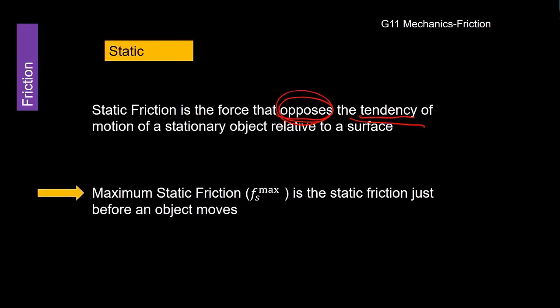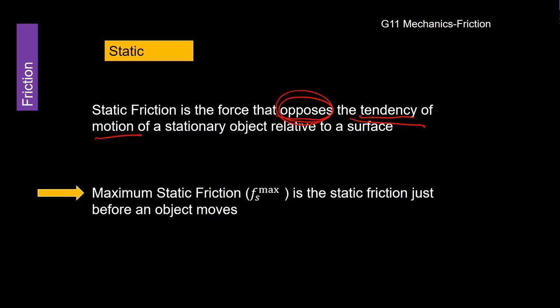Because this object isn't moving, but it is intending to move. The applied force is being applied, so it is the tendency of motion of a stationary object. It is something which is static. It is not moving yet. It has to be relative to the surface. So that is the definition for static friction.